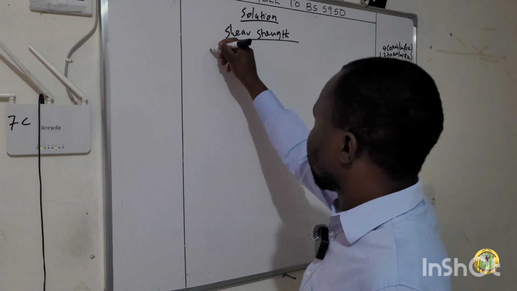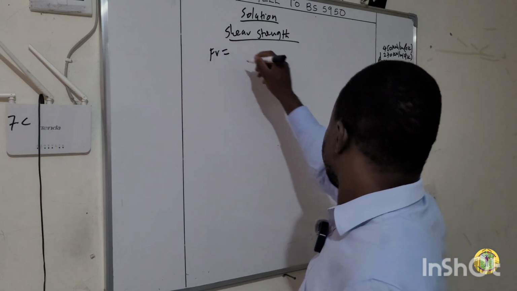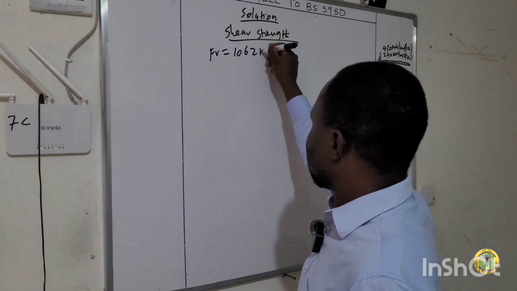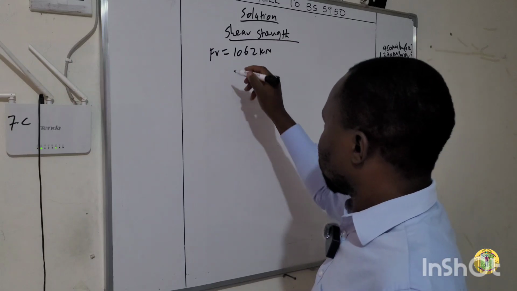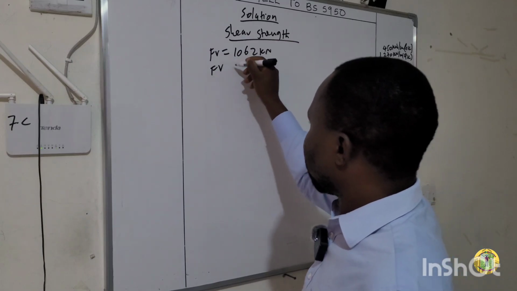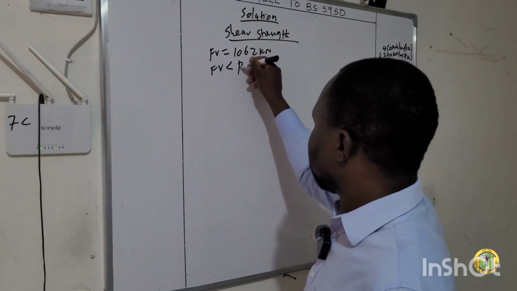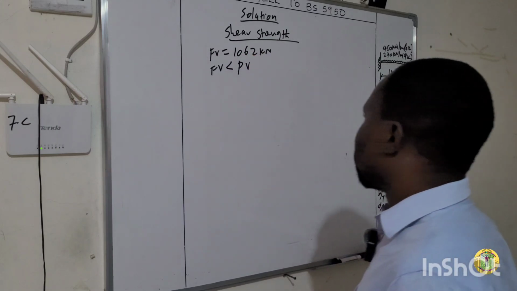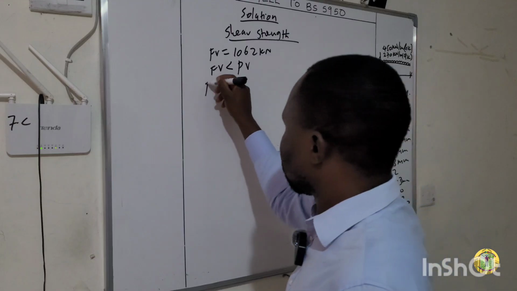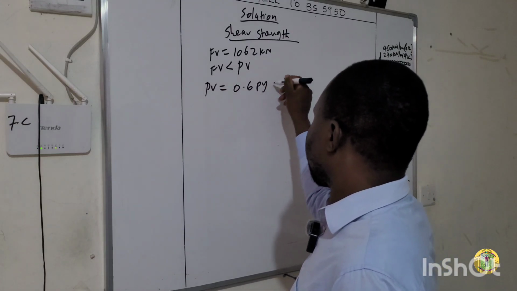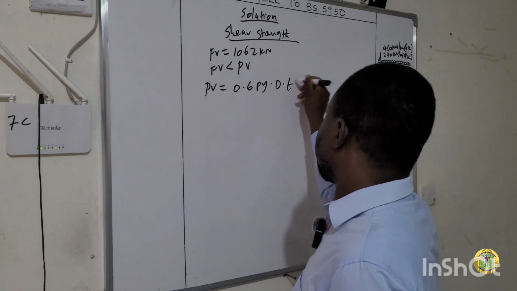So we have the FV, which is equal to 1062 kilonewton, and FV must be less than PV. So PV is equal to 0.6 Py dt.